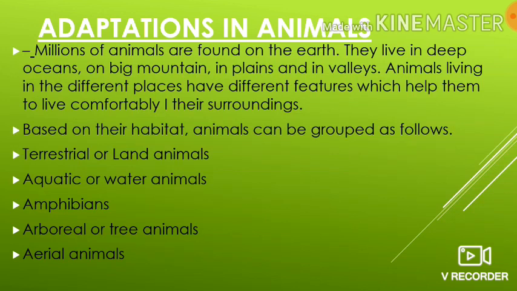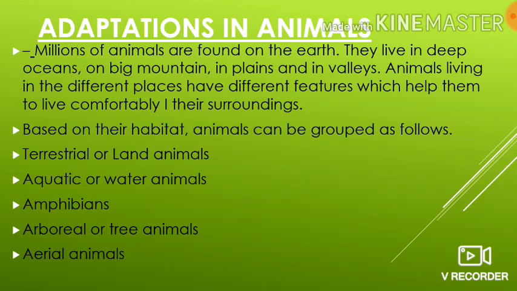Based on their habitat, animals can be grouped as follows. First, terrestrial or land animals. Second, aquatic or water animals. Third, amphibians. Fourth, arboreal or tree animals.